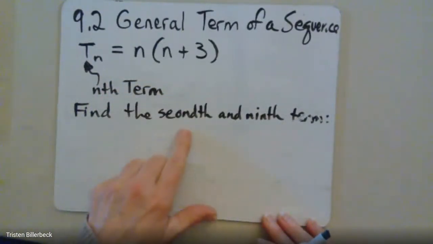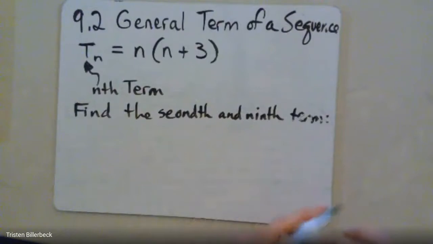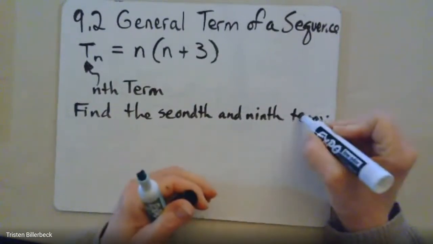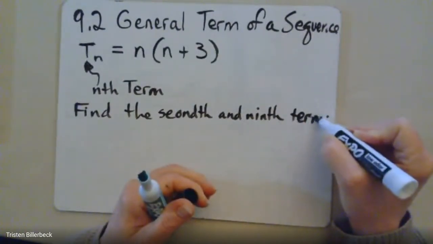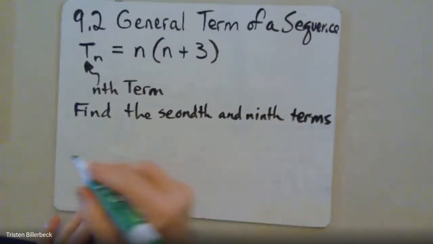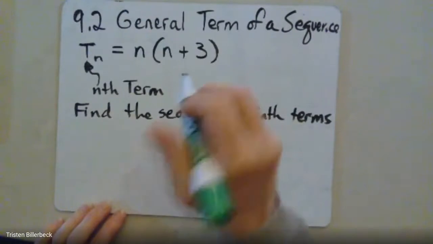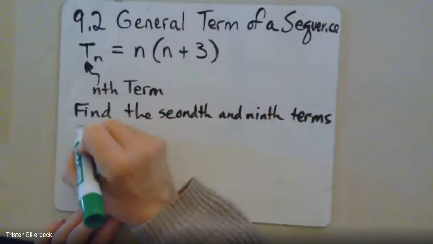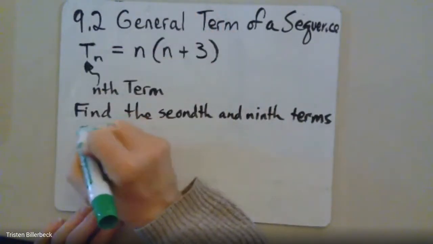So if we want to find the second and the ninth terms, then we just change the subscript and put 2 in for n.